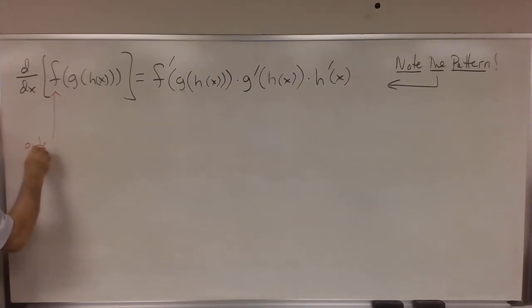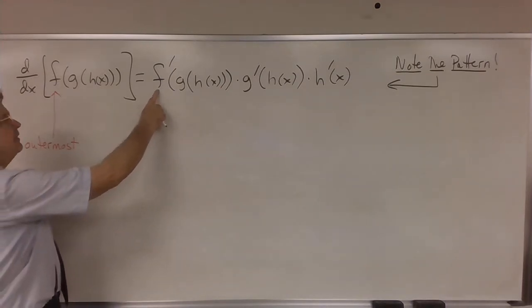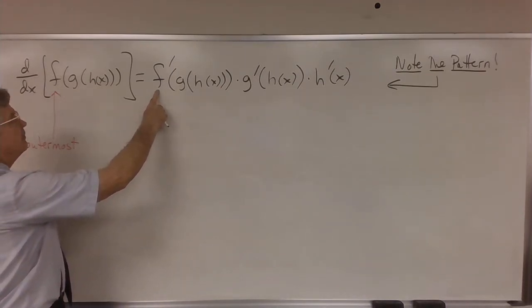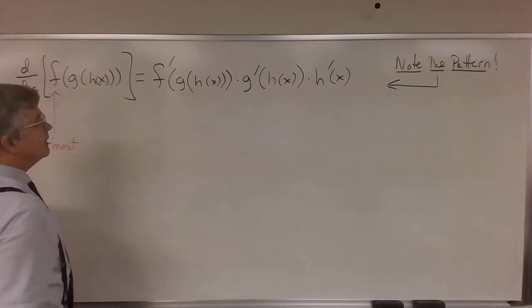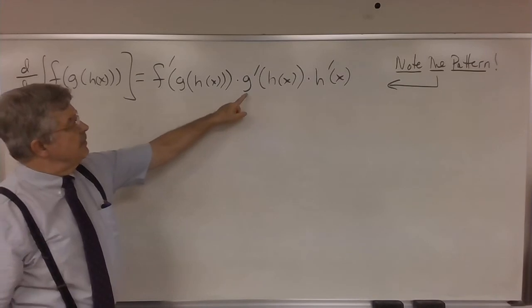So f of x is the outermost function. So we compute the derivative of the outermost function, evaluate it at everything inside, and then what do we do?